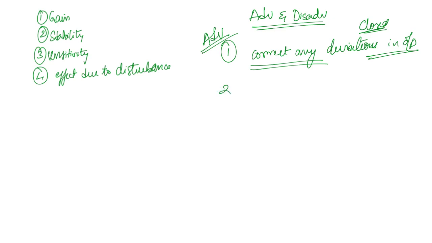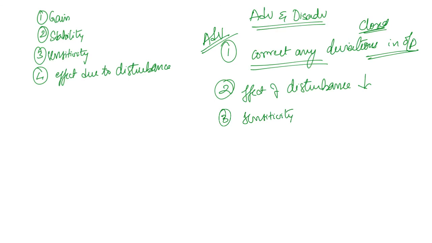So we saw that the effect of disturbance is reduced. This is one advantage. And sensitivity is another advantage. We saw that the system will become less sensitive to any variations in the parameter.